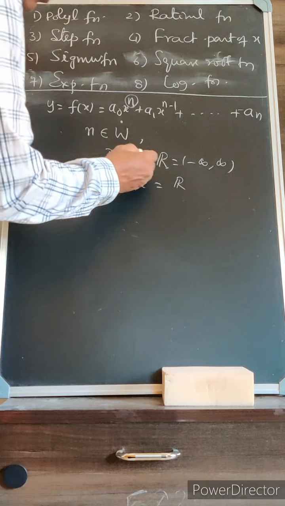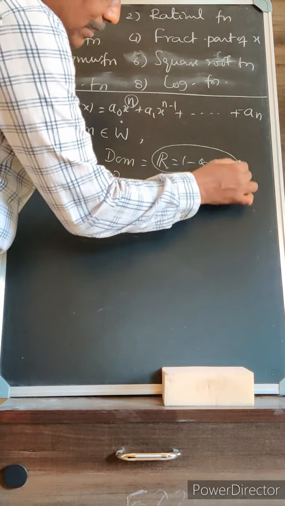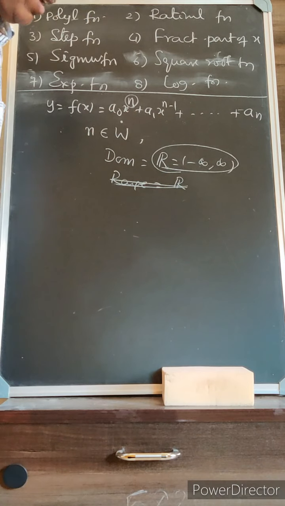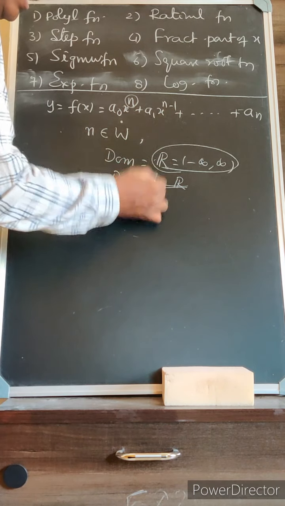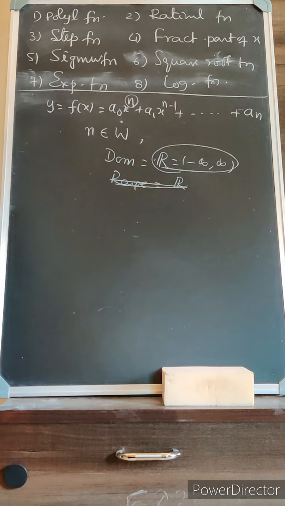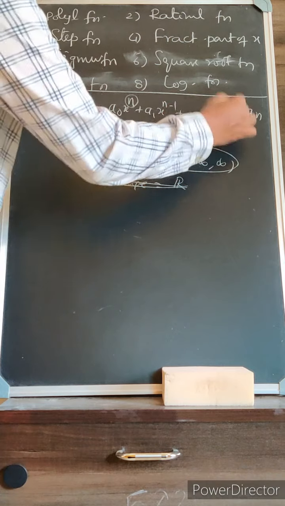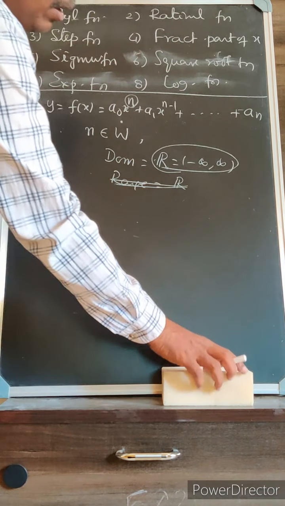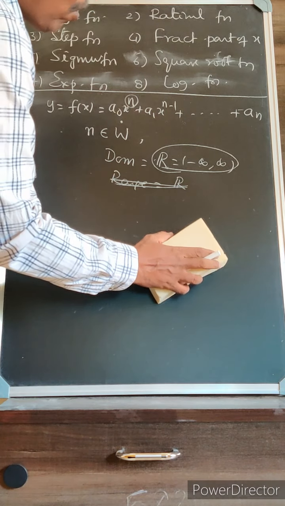But for even degree polynomials, the domain will be the same, but the range will differ according to the question. Remember, all odd degree polynomials will have both domain and range the set of all real numbers. But even degree polynomials will have only the domain as the set of real numbers, and the range will differ according to the question.